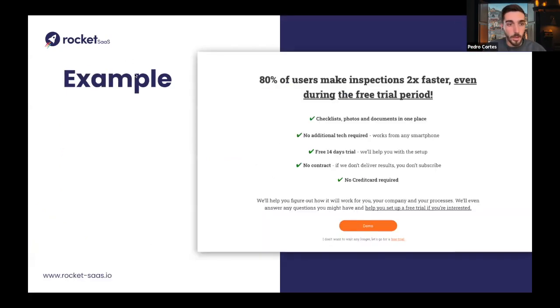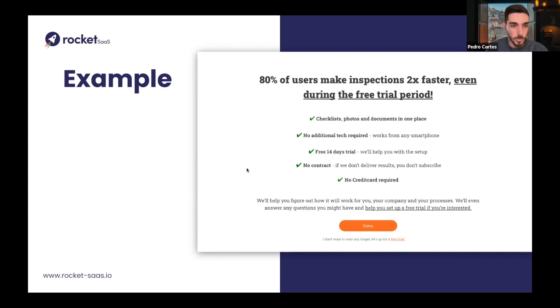So this is from the company that gathers all the pictures you take of the shipments, so you avoid claims, right? The same company. And what we did is we said that 80% of users actually make inspections 2 times faster, even during the free trial. So we're reminding them that during the free trial, they can get the results before they even pay.